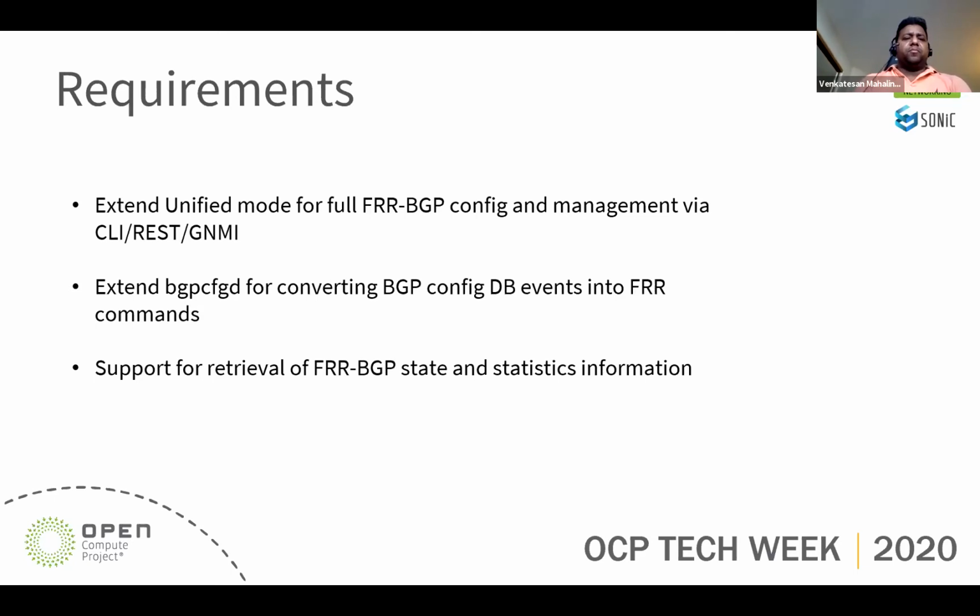We also observed template-based configurations today, with minimal configurations from config_db and the rest assumed in a template. Basically, the route map, BGP peer group, and address family configs were assumed in the template and pushed to FRR for a specific use case.